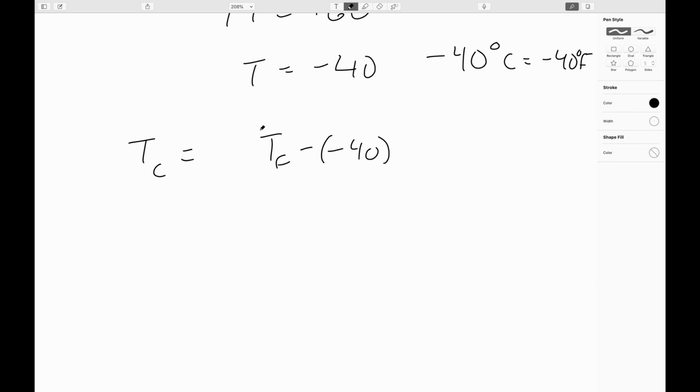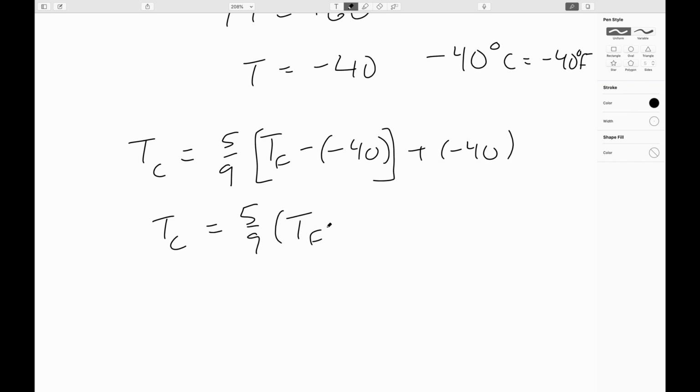So now this is a difference in F degrees. We multiply by 5/9 to change the size of the degree, and then we add back in the name of that reference temperature, which was negative 40.